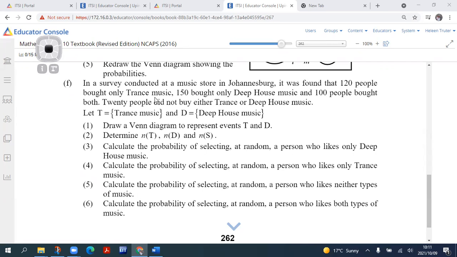Only trance music. 120 people, only trance music. 150 only deep house. En 100 mense het albei gekoop. 100 people bought both. You agree that we don't have the actual elements here. Ons het nie die mense se name nie. Ons het die aantal elemente. So dis die tweede tipe Venn-diagram wat ons gaan teken.